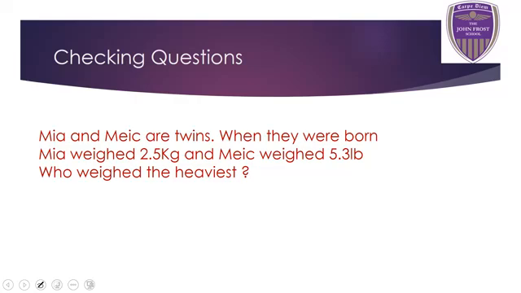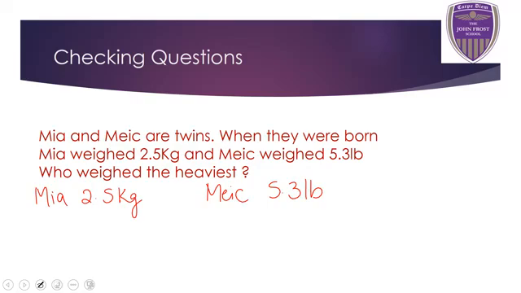So we know that Maya weighs 2.5 kilograms and Mike weighed 5.3 pounds. So you've got a choice. You can either change them both into pounds or you can change them into kilograms.